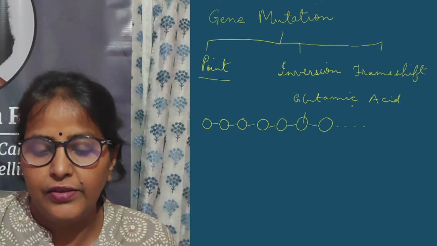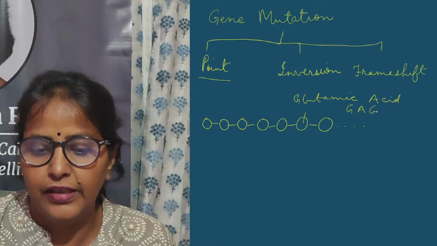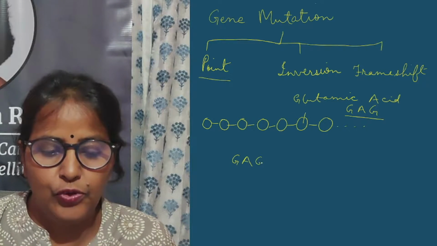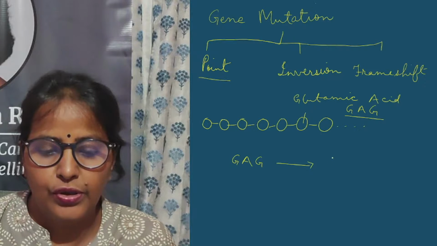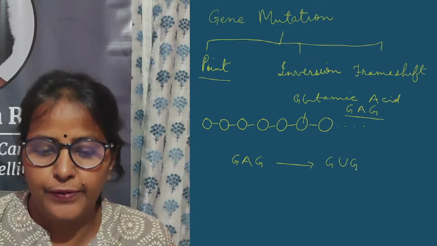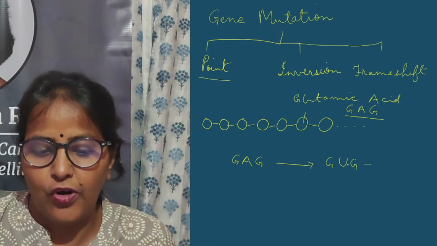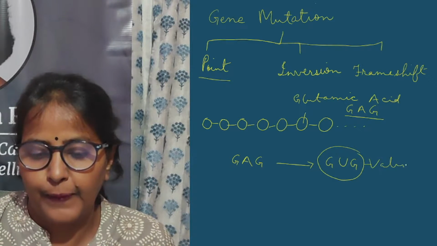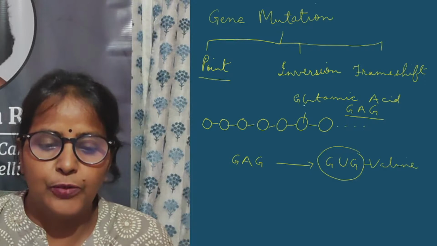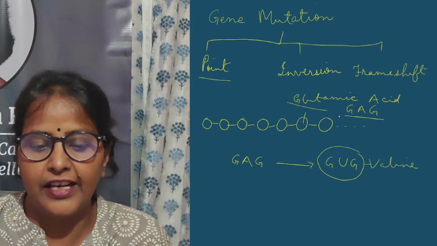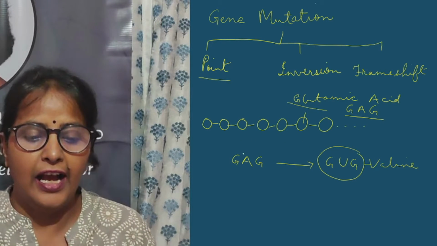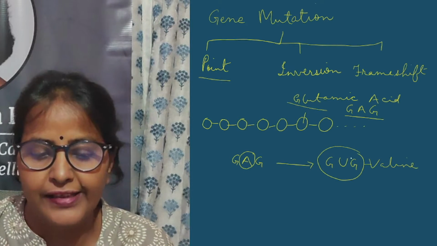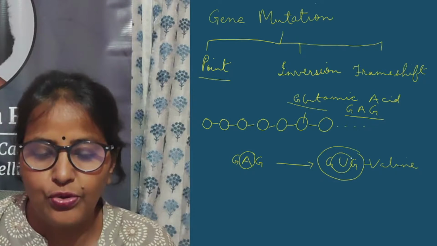Code is GAG, and this GAG is mutated into GUG, and this codes for valine. So at sixth position, glutamic acid is converted into valine, and there is change only in one base. A is converted into U.